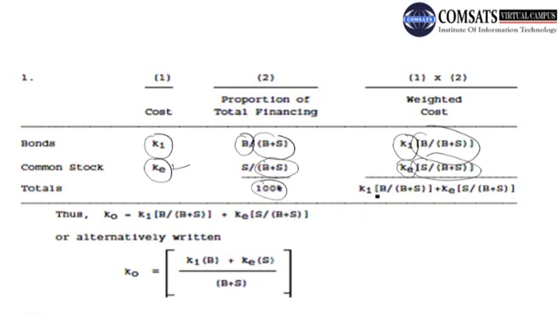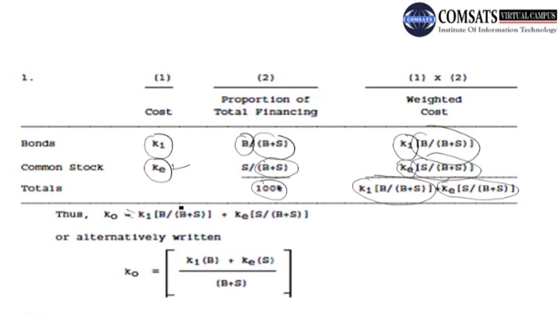We add both of these weighted values, that is KI into B over B plus S plus KE into S over B plus S. So this will give us K naught. So K naught is equal to KI into B over B plus S plus KE into S over B plus S.